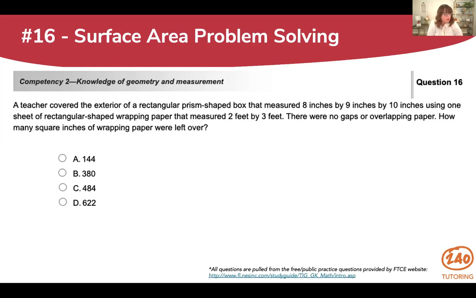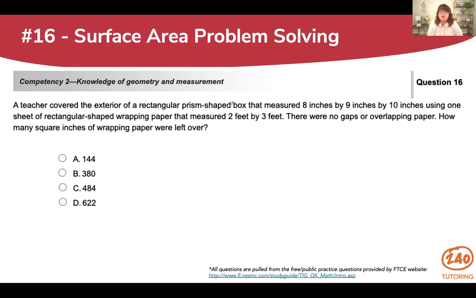If you look at your reference chart, it tells you there are 12 inches in a foot. I can't change these to feet without making them fractions or decimals, and that's going to make the math harder. So I'm going to do the opposite of what I did before and go with the easier math. I'm going to change these feet into inches.